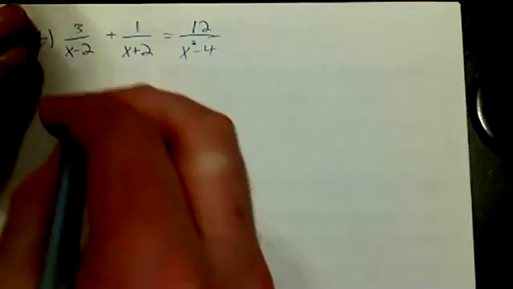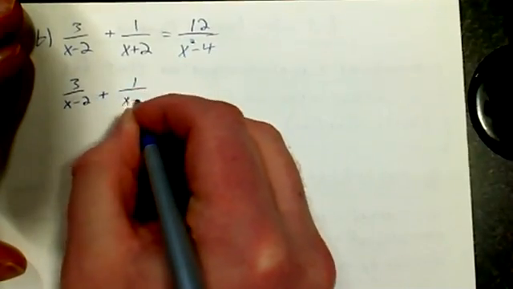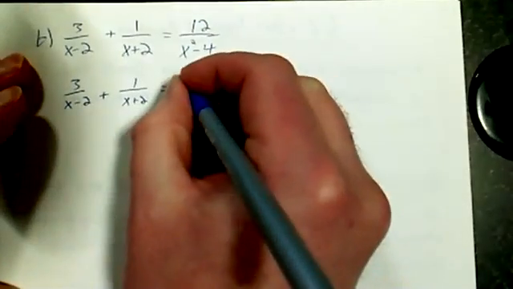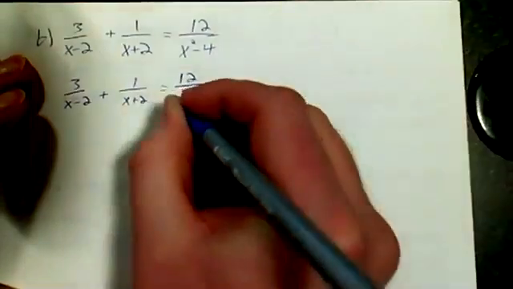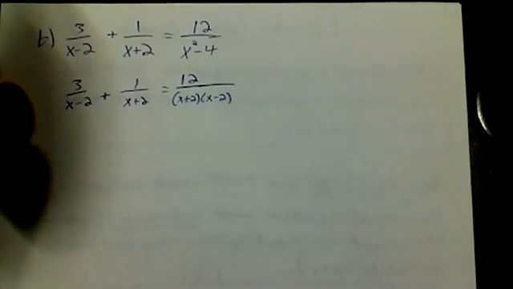So what I'm going to do is take 3 over x minus 2 plus 1 over x plus 2, and I'm going to factor this second one, right? Remember, whenever we have a number, when we're trying to find LCDs, we usually try to factor them, right, when we used prime factorization. So I'm going to do the same thing with this polynomial. So this is x plus 2 and x minus 2.